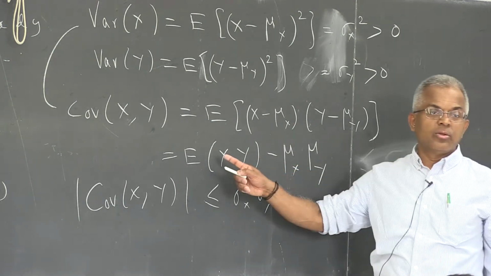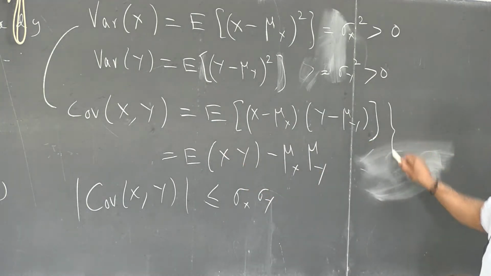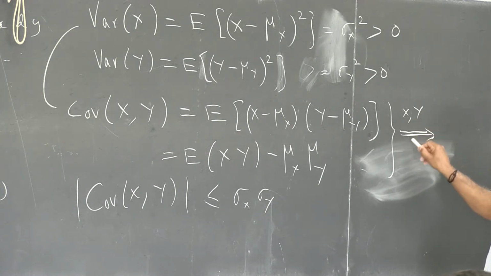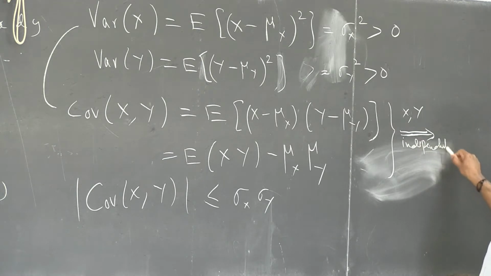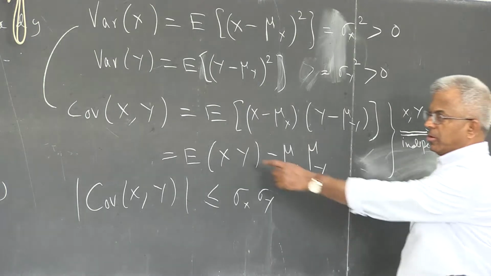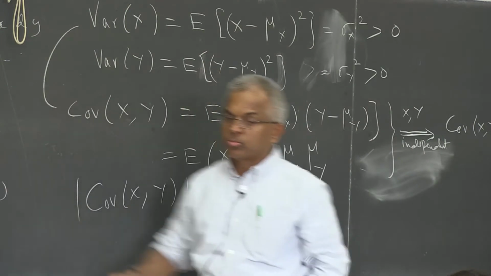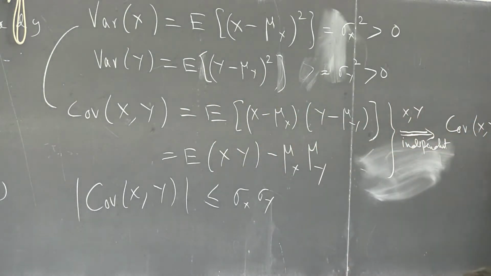But you notice here, you get a freebie. Look at here. What happens if x, y are independent? If x, y are independent, what is the covariance of x, y? Because this becomes mu x mu y, right? So that's why this is useful. One corollary is that if x and y are independent, the covariance is 0.